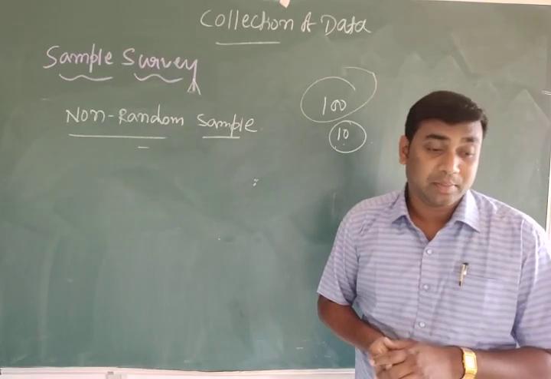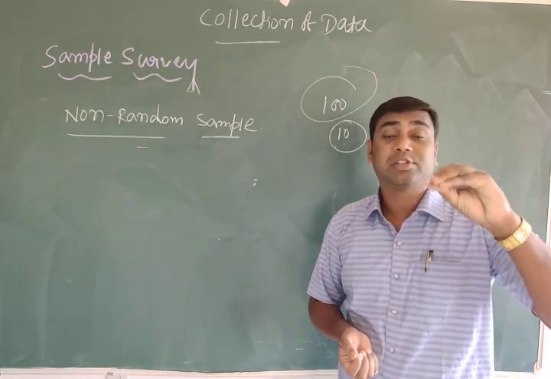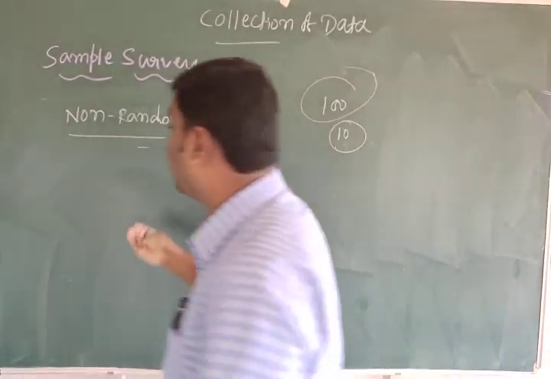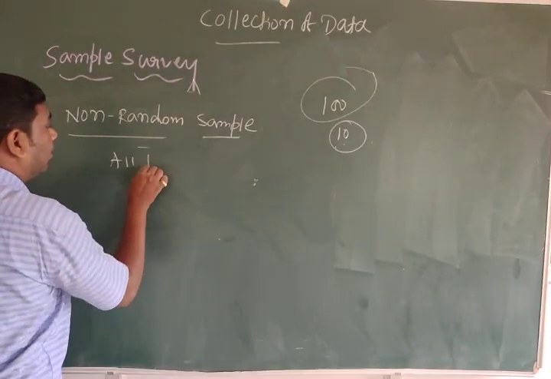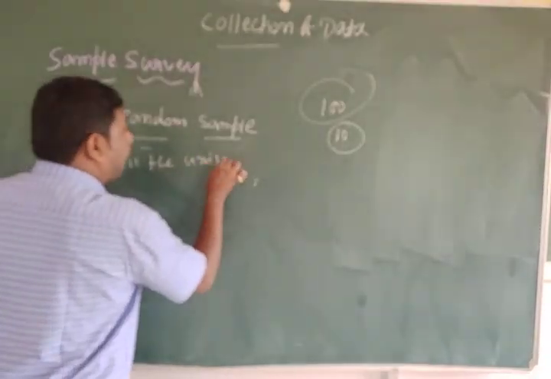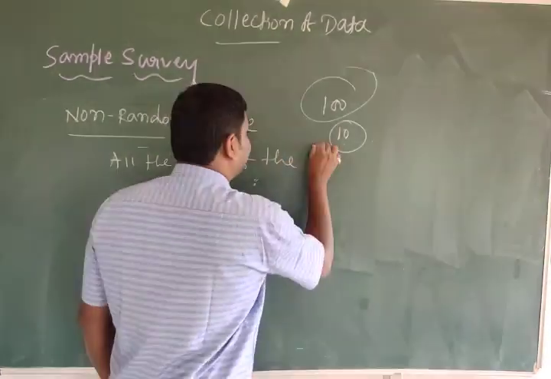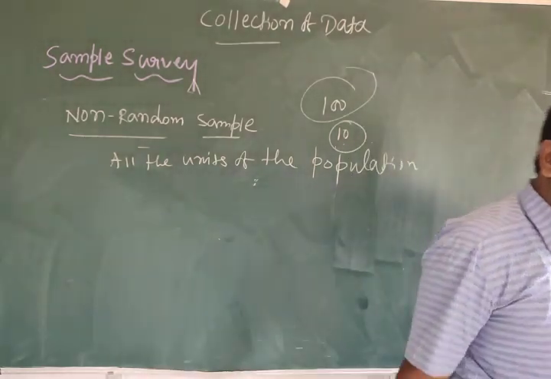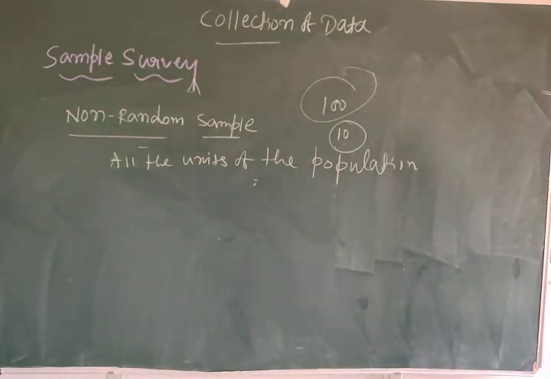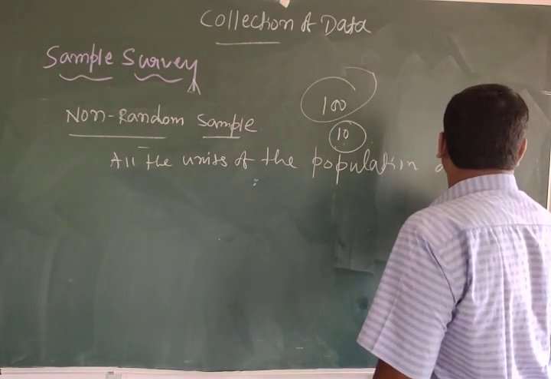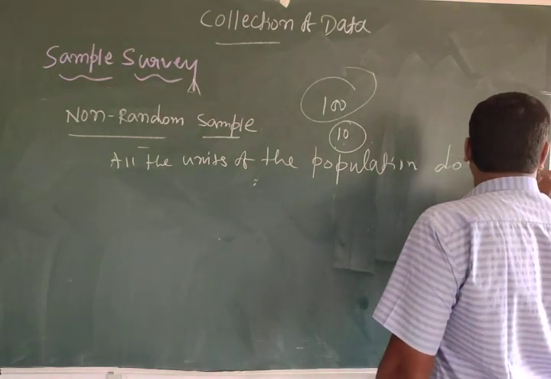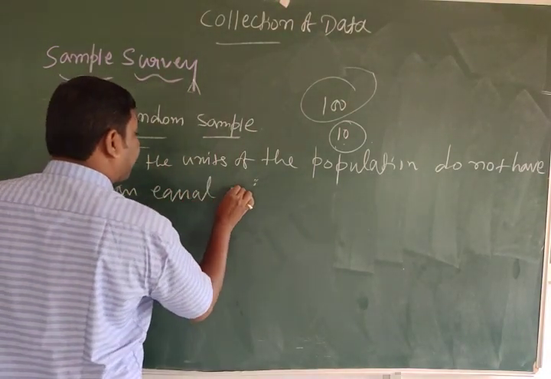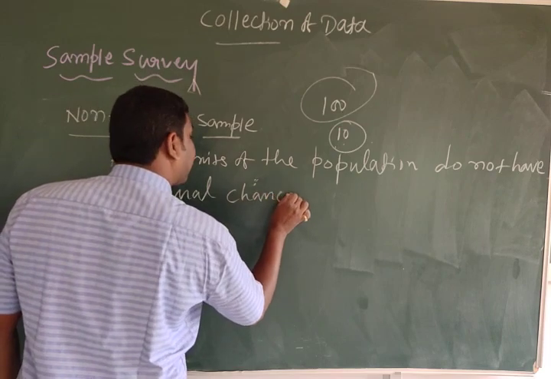In the non-random sampling method, all the units of the population do not have an equal chance.